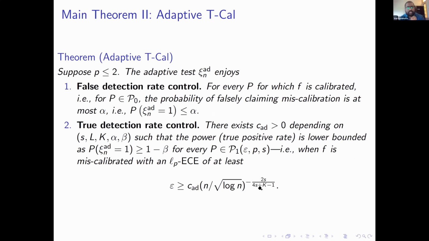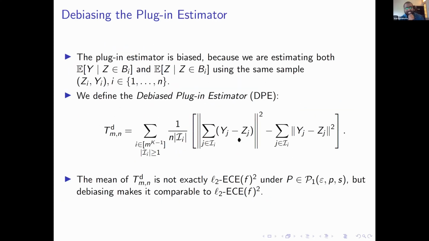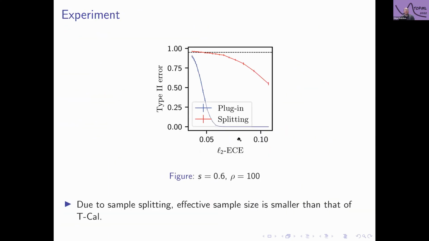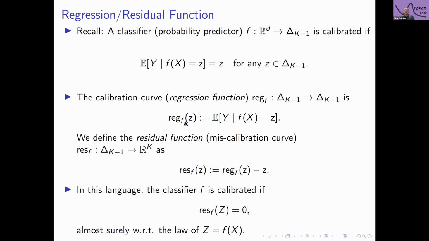The reason is that this is a hypothesis test about this object, the calibration curve regression: the distribution of y given f(x) equals z. So z is a probability score over all classes, and somehow it's inherently K-dimensional, where K is the number of classes. It turns out that this is exactly what controls this.